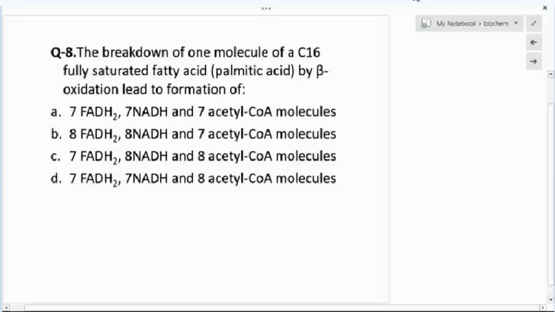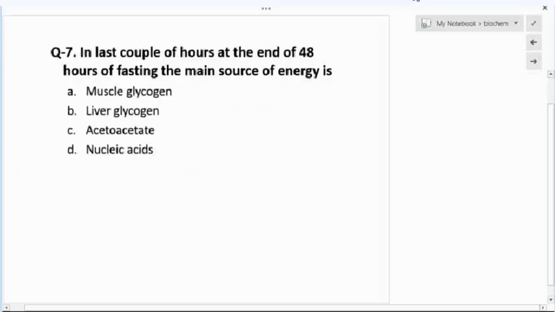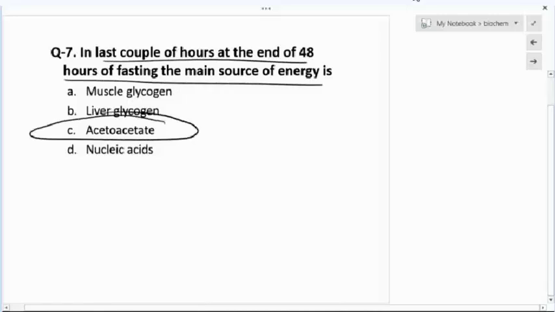Next question is 7th question, and at the end of 48 hours of fasting, the main source of energy is ketone body. The muscle glycogen never supplies the glucose to the blood, so it's never a source of energy during starvation.